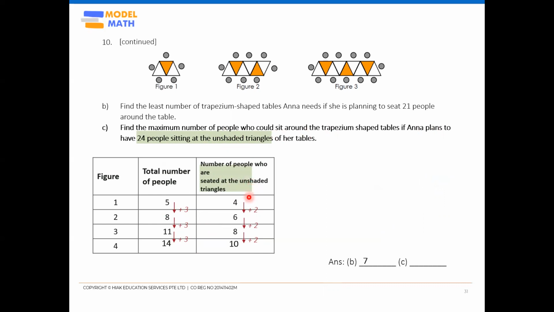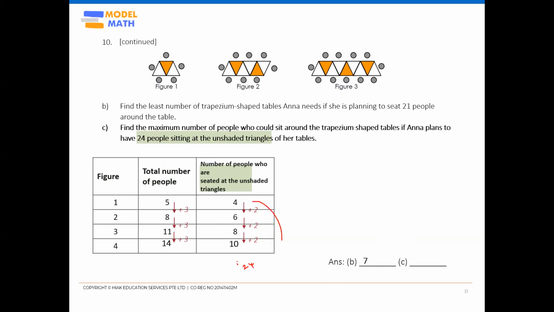So again, can we use the intervals concept? Definitely, because luckily for this, it's a constant increase again. So when you have a constant increase, it's safe for you to use the intervals concept. So you want a final figure number to have 24 people. In other words, dot, dot, dot, I should have 24 people here.